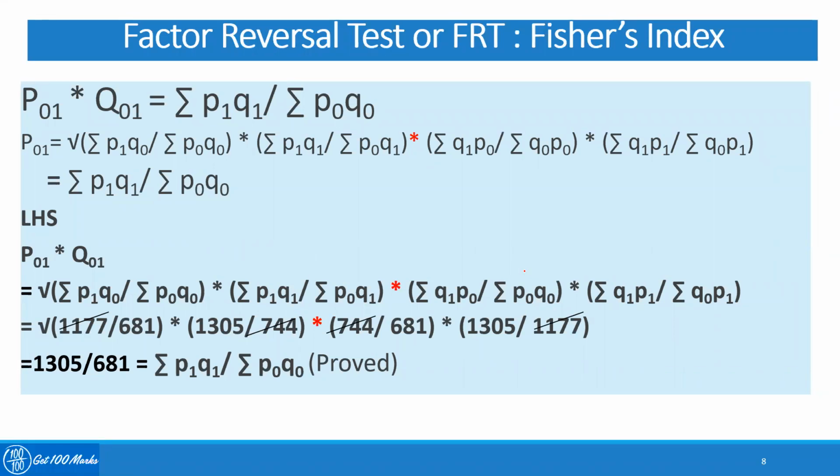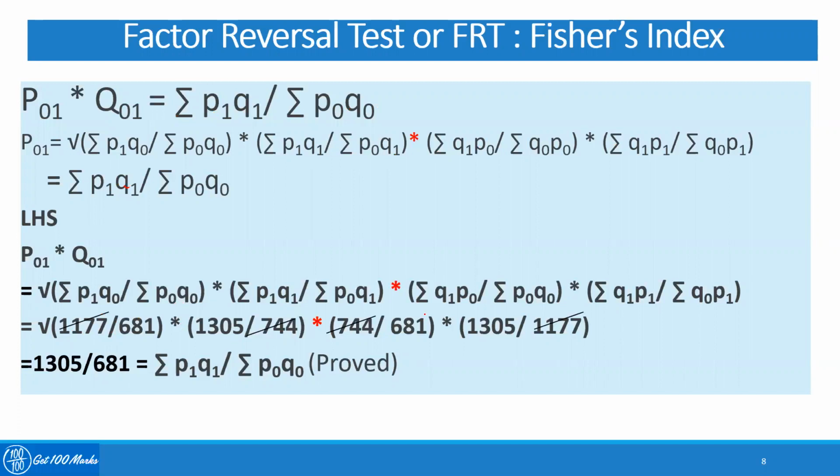Let's talk about the factor reversal test, where we will multiply the price index with the quantity index. The formula is built in such a way that if we interchange P and Q, even in the final formula, it will not impact the answer. So P01 into Q01, we have to satisfy as summation P1 Q1 divided by summation P0 Q0. Now I have substituted all the values of P1 Q0, P0 Q0.